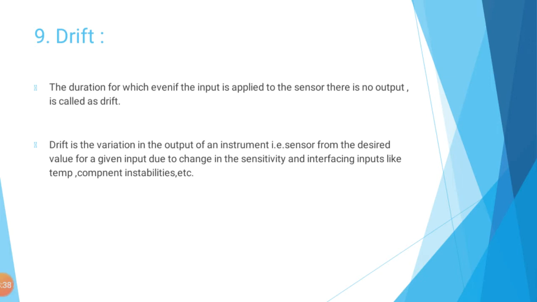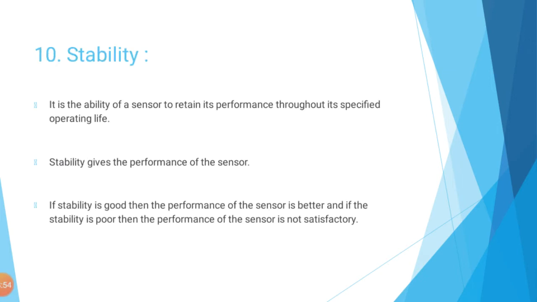Due to all those parameters there is a change in the output of that instrument. So this is the drift. Drift is also a very important property of a sensor.